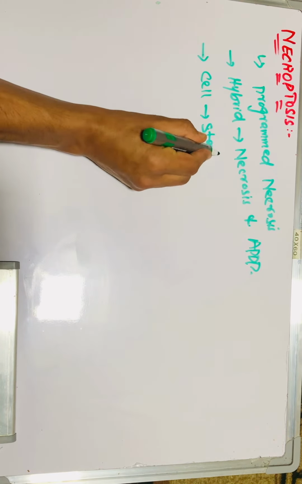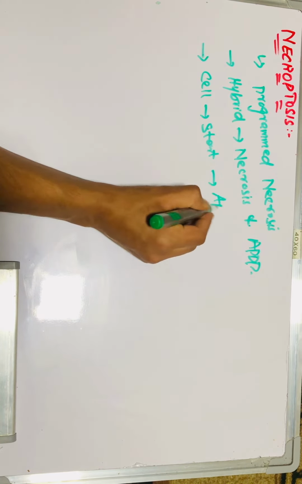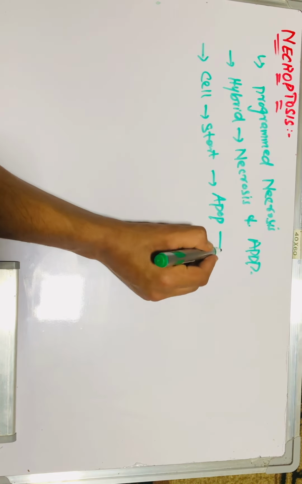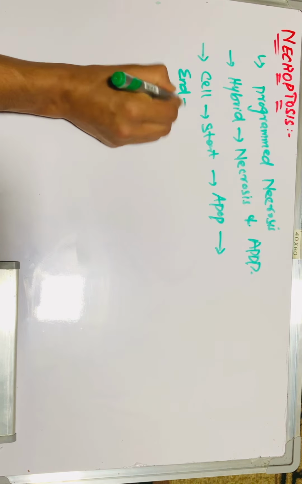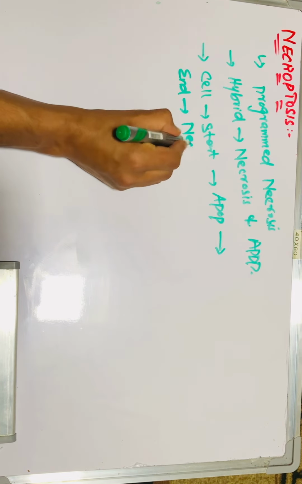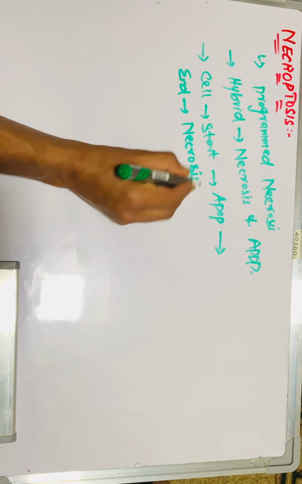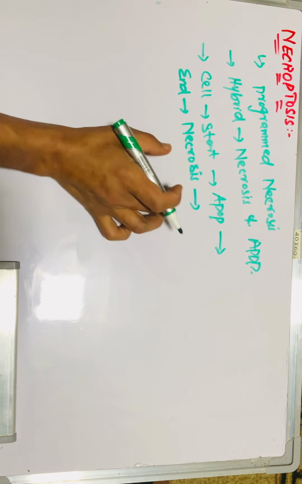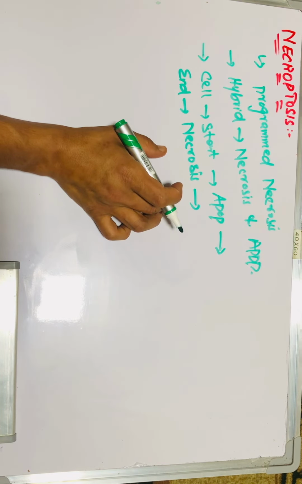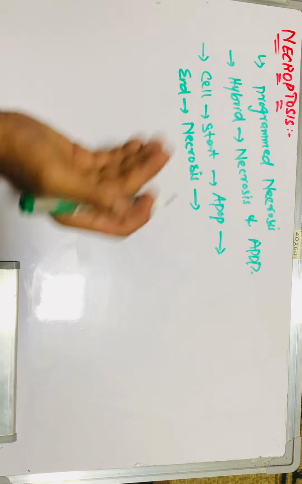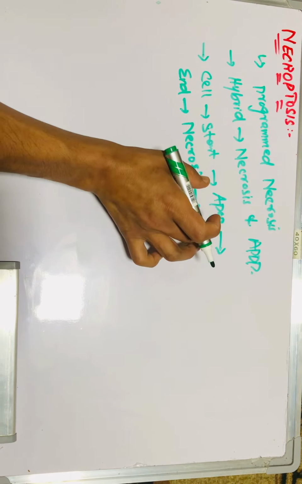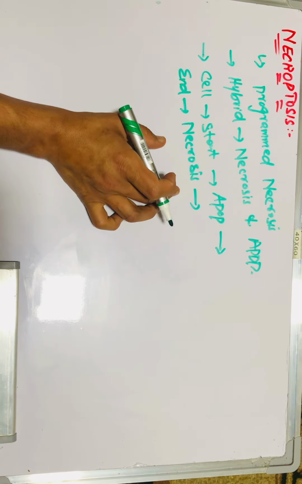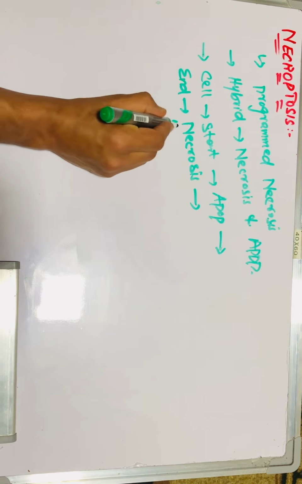So what will happen in necroptosis? The cell death will start as apoptosis and it will end as necrosis. So the mechanism, at the beginning it will be apoptosis and at the end it will be necrosis.